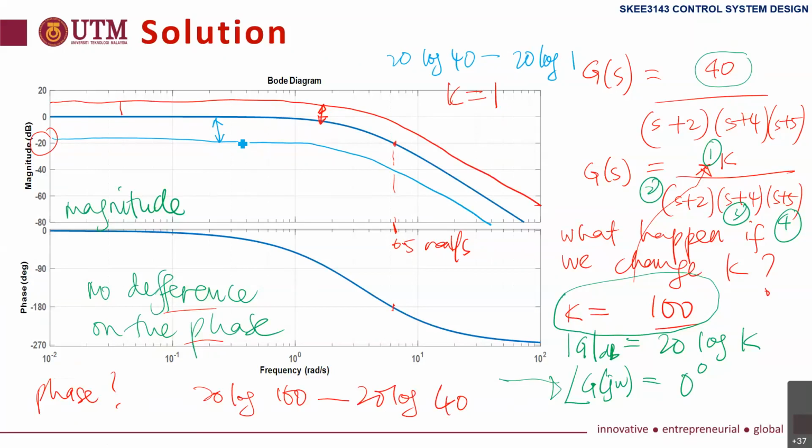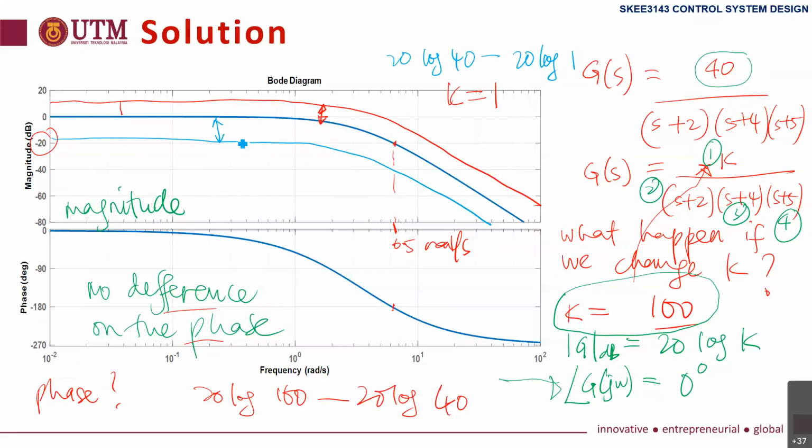Therefore, one important piece of information: if we change K, which is called the gain, the magnitude will change up and down. If we increase, it goes up. If we reduce, it goes down.